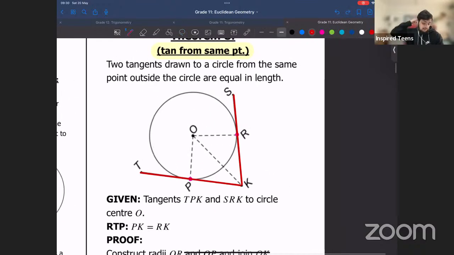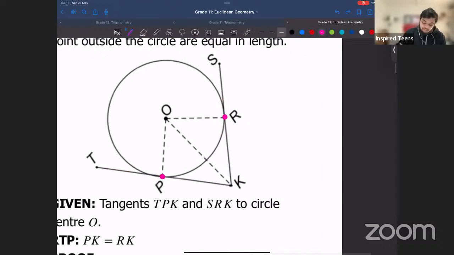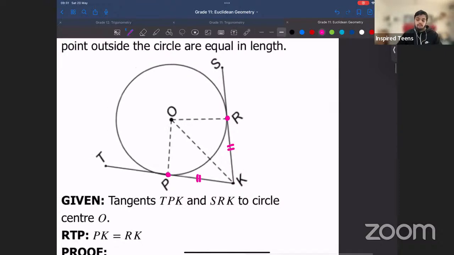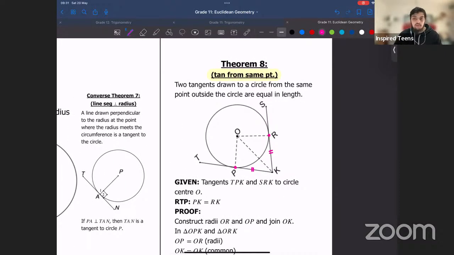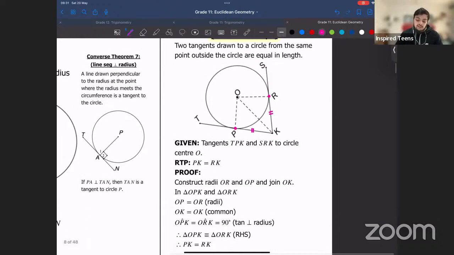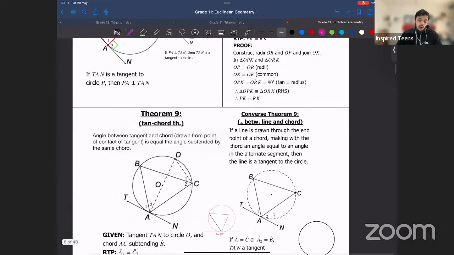It says that they are equal in length. So this side is equal to that side. The reason for that is tangent from a common point.